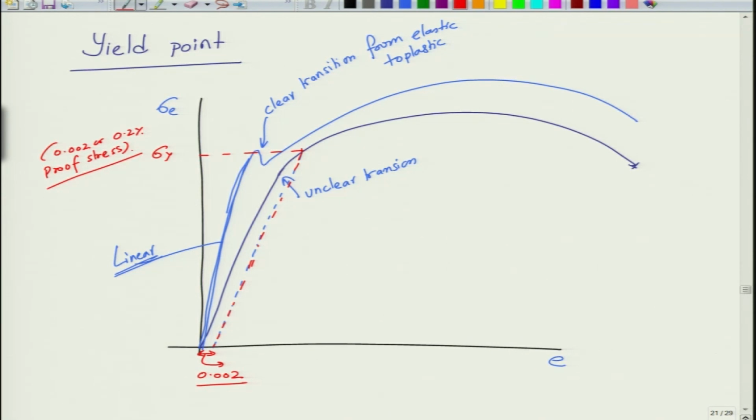Okay, so this is another method of determining the yield stress from the stress strain curve if the transition from elastic to plastic region is not very clear.